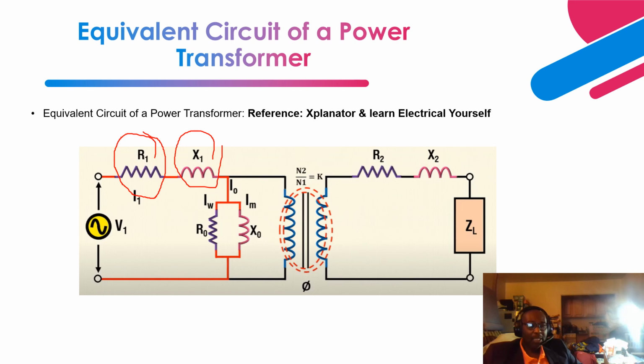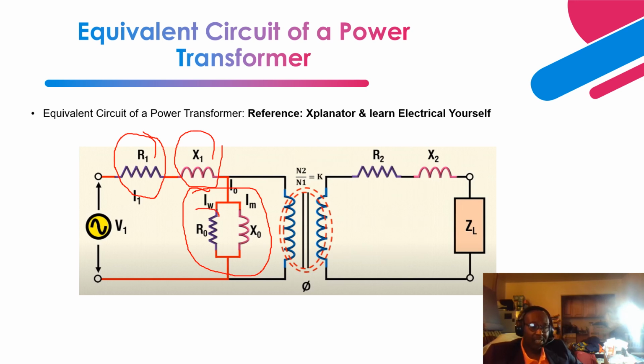Next, this branch is the magnetization branch. And what does the magnetization branch mean? The magnetization branch is basically the core material of the power transformer. As you know, the magnetization branch has the flow of eddy currents and hysteresis losses. That itself forms the resistive branch and the reactive branch, as you can see over here.